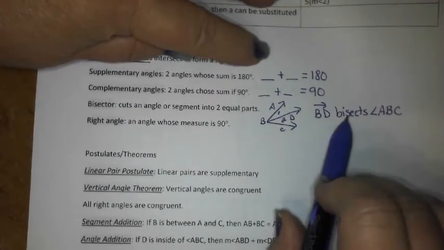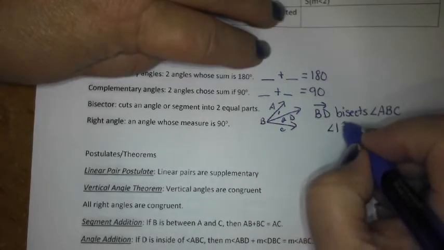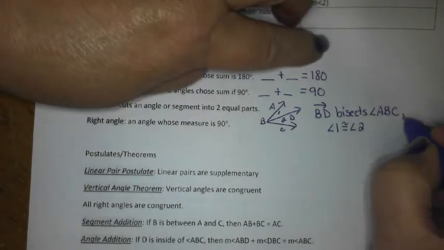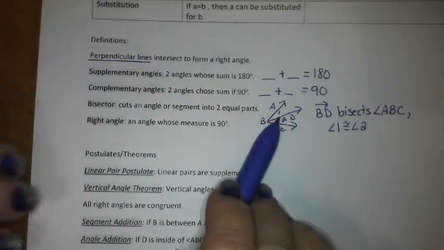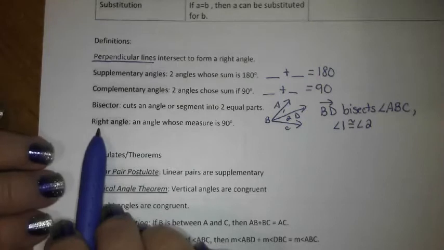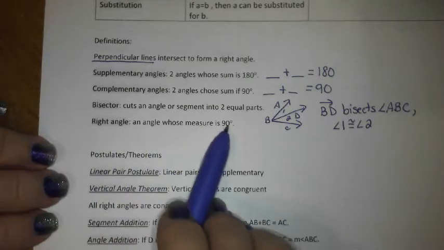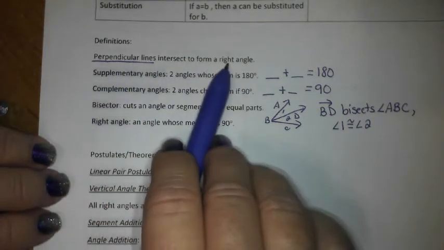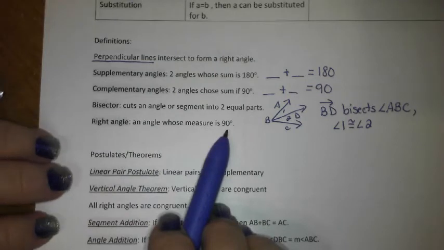I know a bisector cuts this into two equal parts, so now I know that angle 1 is congruent to angle 2 because a bisector makes two equal parts. And here's the definition of a right angle. A right angle equals 90 degrees. So perpendicular lines form right angles, and then we know that right angles are 90 degrees.